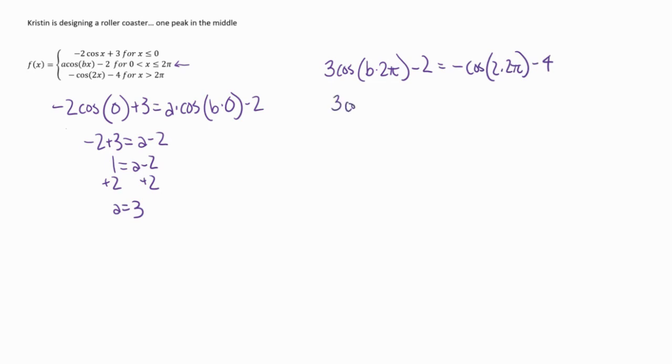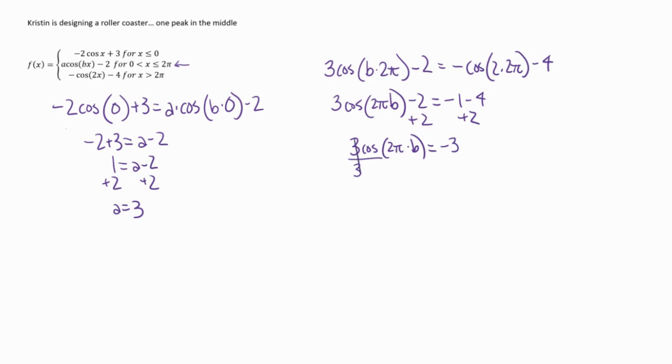So 3 cosine of 2 pi b minus 2 is equal to, okay, cosine of 4 pi is the same thing as cosine of 2 pi, which is the same thing as cosine of 0. So that's 1 minus 4. Let's add 2 to both sides. So I get 3 cosine of 2 pi times b is equal to -5 plus 2, which is -3.